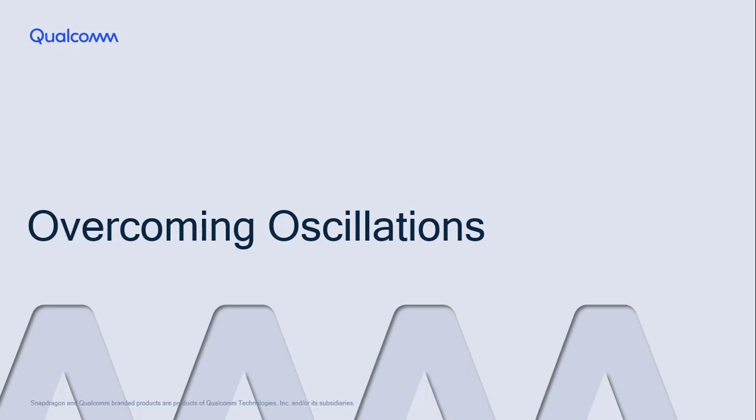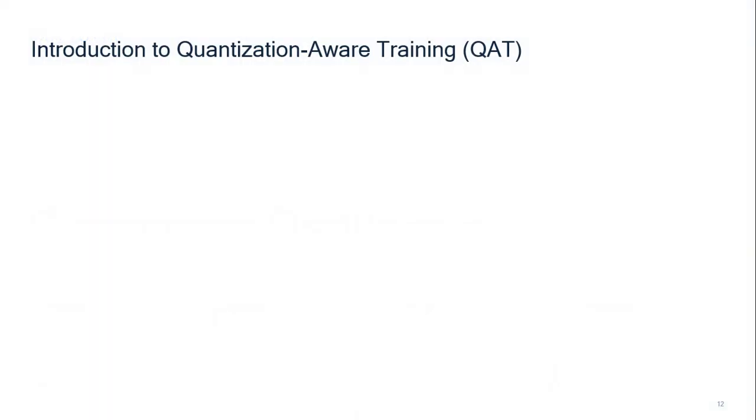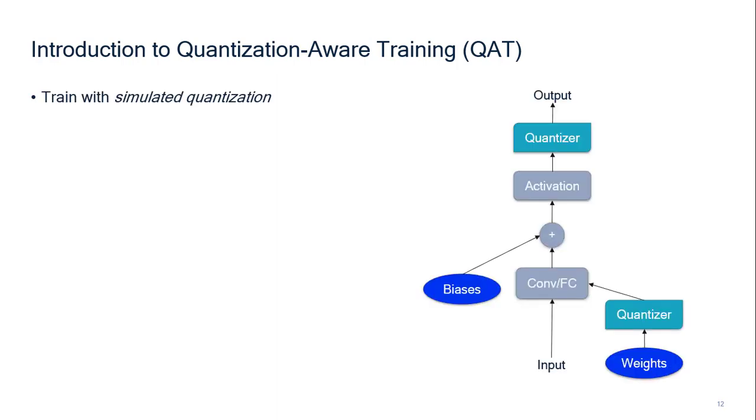Before we dive into oscillations, I would like to give a short recap of quantization-aware training. To let a neural network model adapt to quantization noise on weights and activations, we train the neural network with quantization simulation. And for this, we add quantizer objects. These discretize the weights and activations during training.